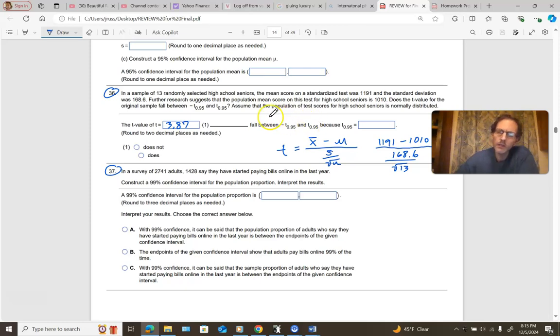Or, well, let me think just for a minute here. No, we just need to figure out that critical t-value that's associated with a 95% confidence interval, okay?